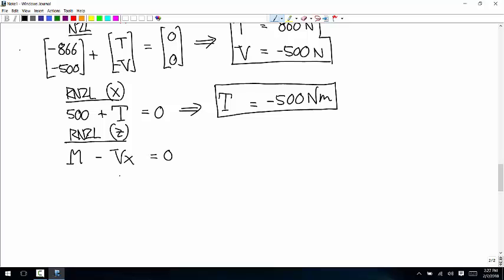And I can plug in the value for V. So M is equal to Vx. Plug in V equals negative 500. And so M is equal to negative 500 x.